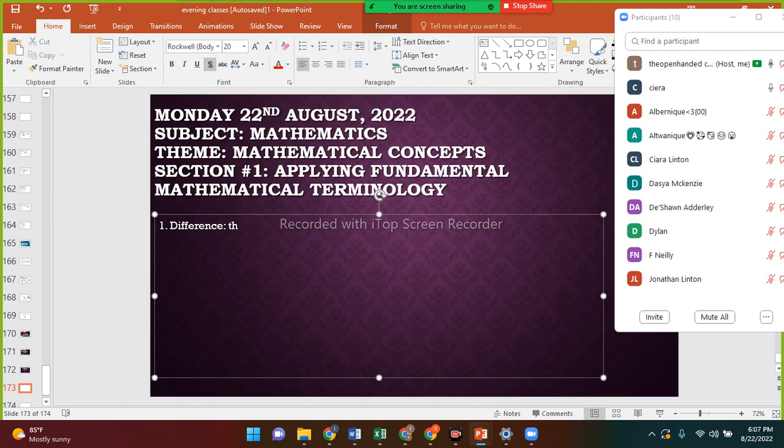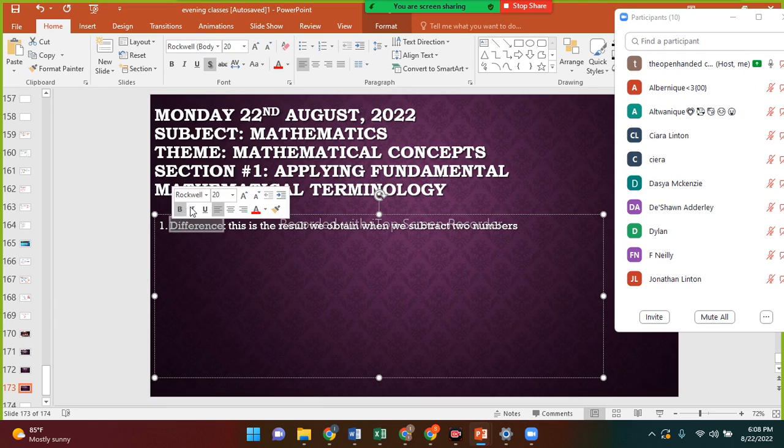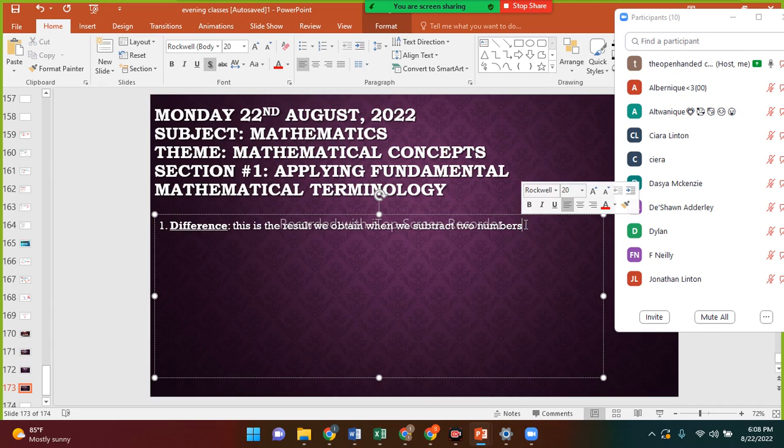So this is the result we obtain when we subtract two numbers. That's the difference. That's the first mathematical term.